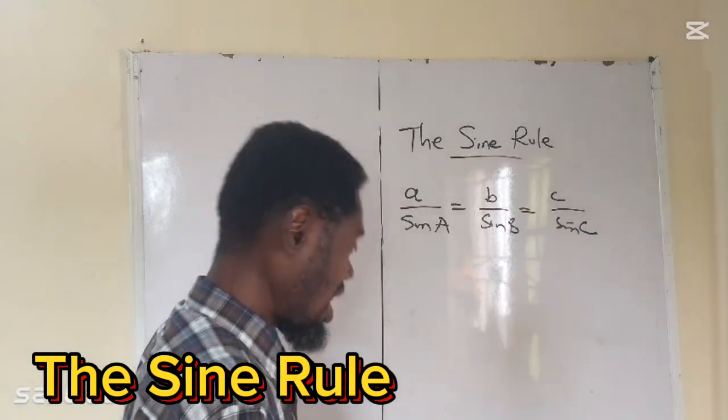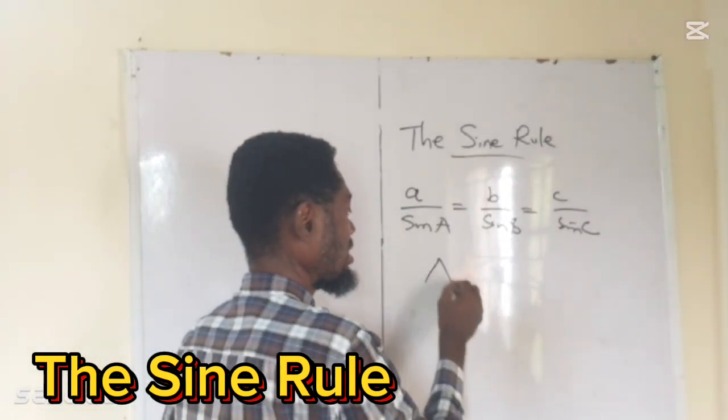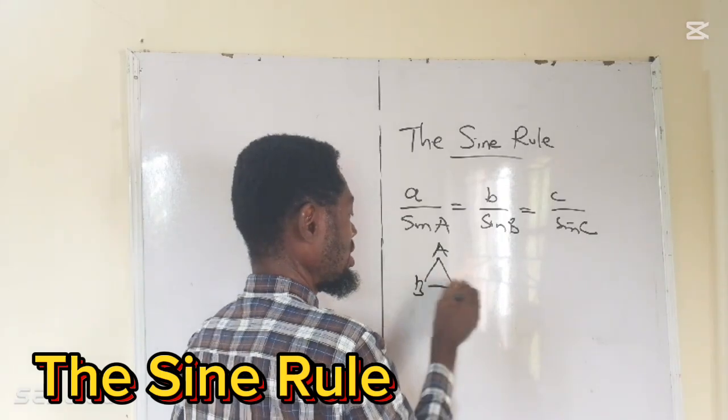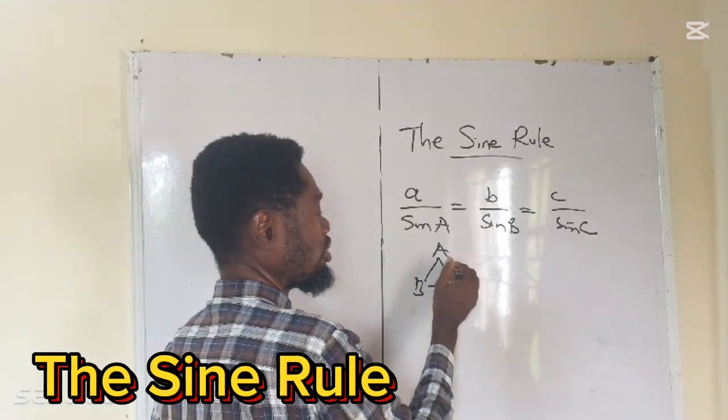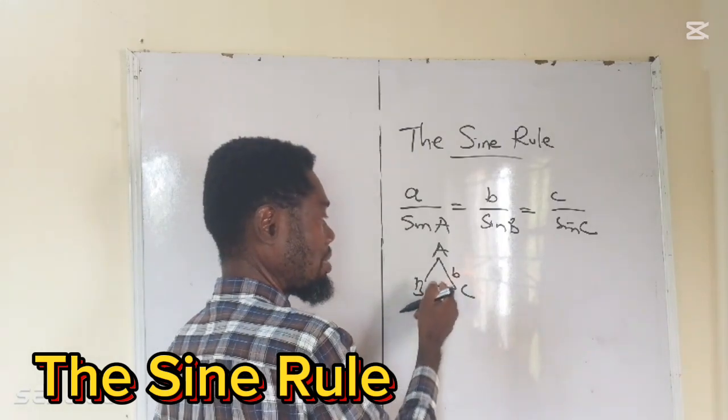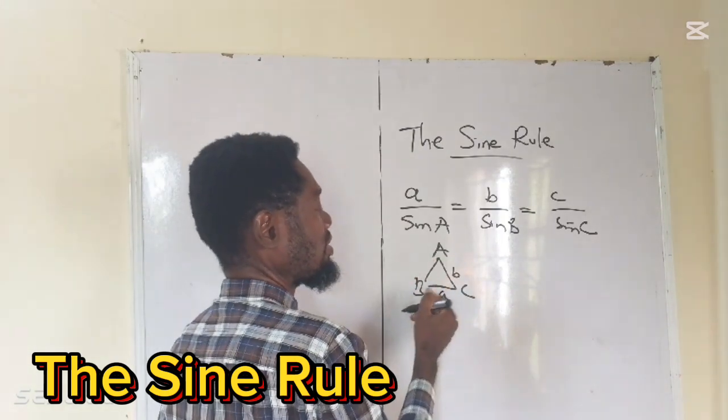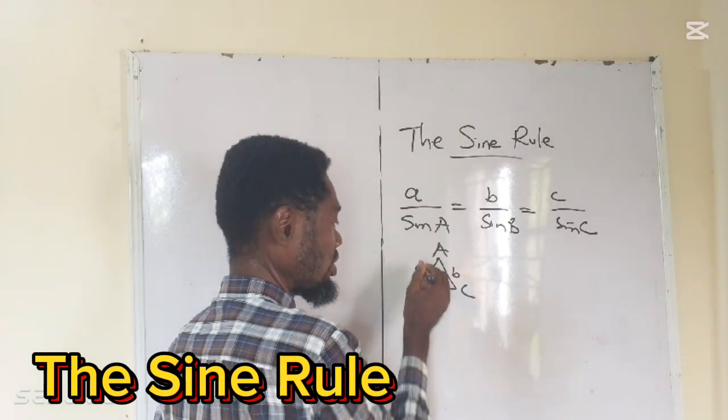So when you're given a triangle that has the sides a, b, and c, the side facing capital B is your small b, the side facing capital A is your small a, and the side facing capital C is your small c.